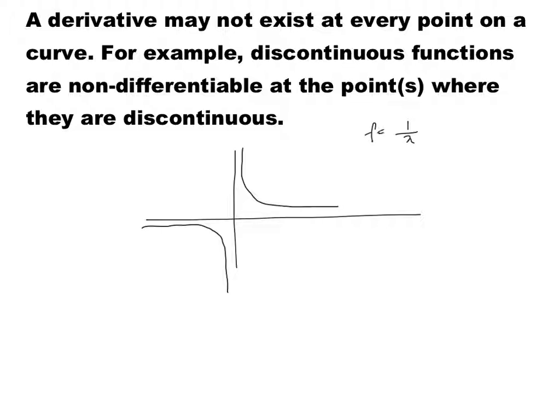That was f of x. Now the derivative of the function, which was f prime, which was negative 2 over x squared, has a graph which was like this one. And also the derivative was not defined at x equal to 0.